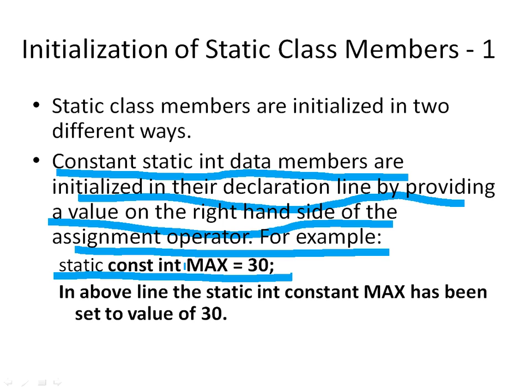This is available only for the int data type. For all other data types, I cannot put a value on the right hand side. So static const int is the exception, basically. In this line, static const int max has been set to a value of 30.